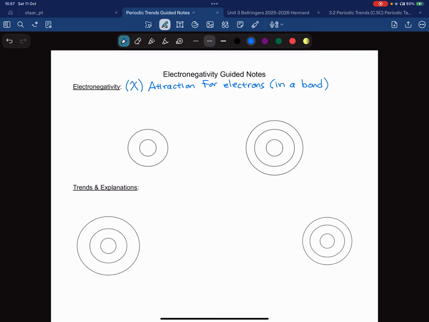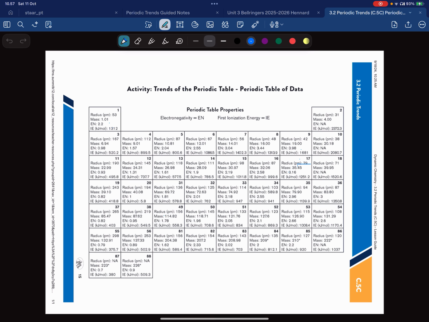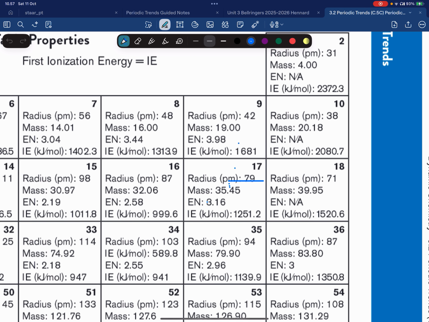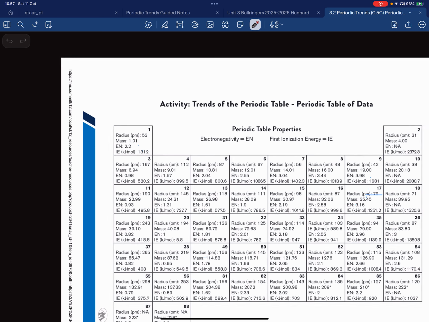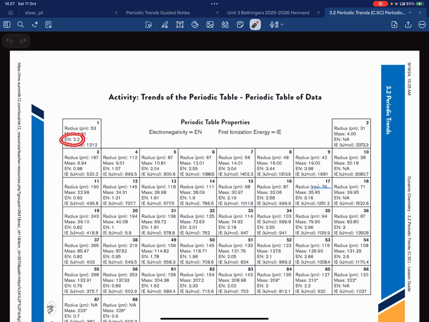Now, if you look up the periodic trends data, which you have, then you will see that the highest electronegativity on the chart is there with fluorine, and when we go down to chlorine, it's a little bit less, okay? And then as we go across, hydrogen has quite a low electronegativity.